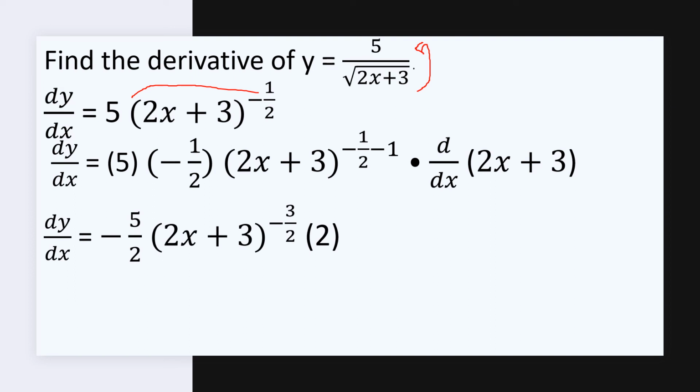Negative 1/2 minus 1 is negative 3 halves. Derivative of 2x plus 3 is 2. 2 times negative 5 halves gives negative 5. No negative exponent, so it goes down. The answer is negative 5 all over (2x plus 3) raised to the power of 3 halves. The 2 is gone since 2 times 5 is 10, divided by 2 is 5. The 2 cancels.